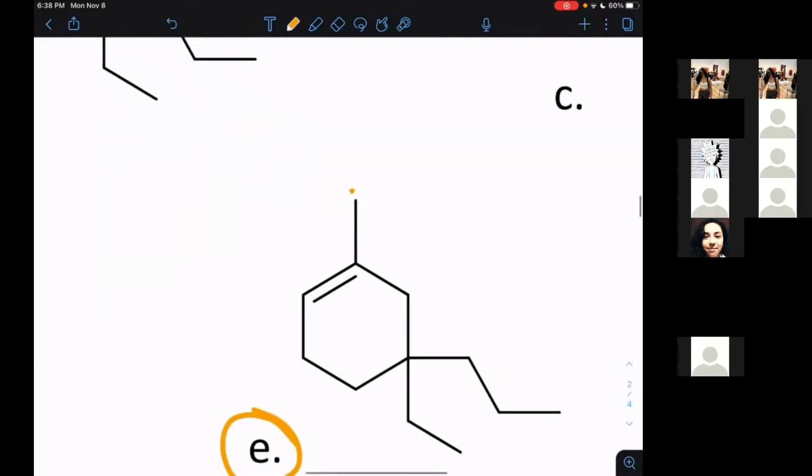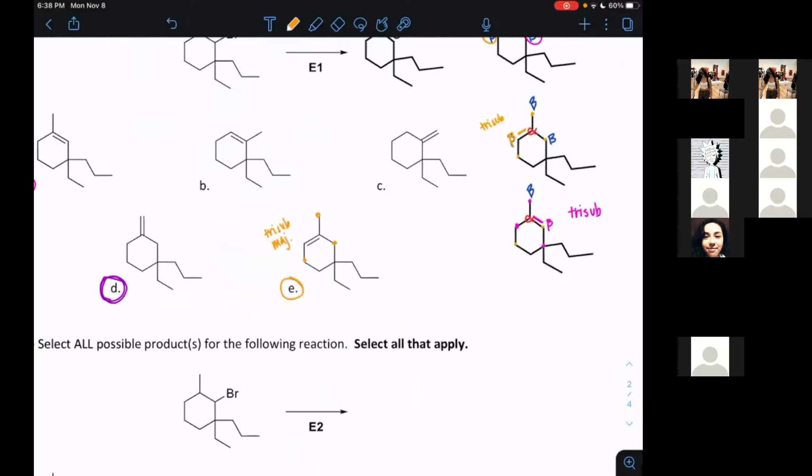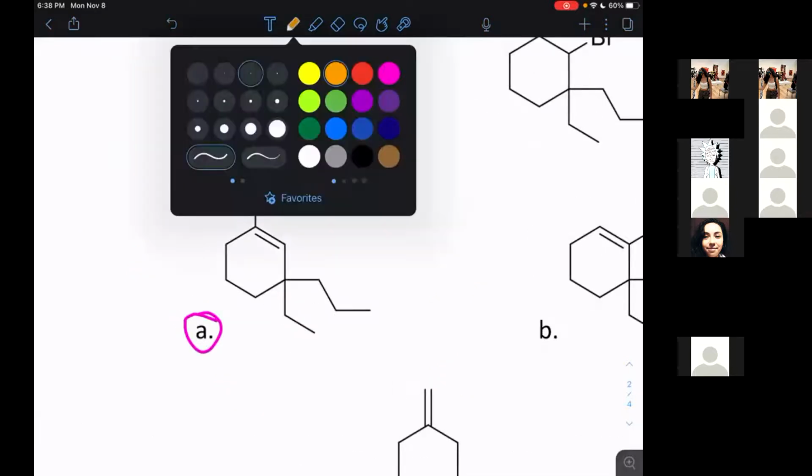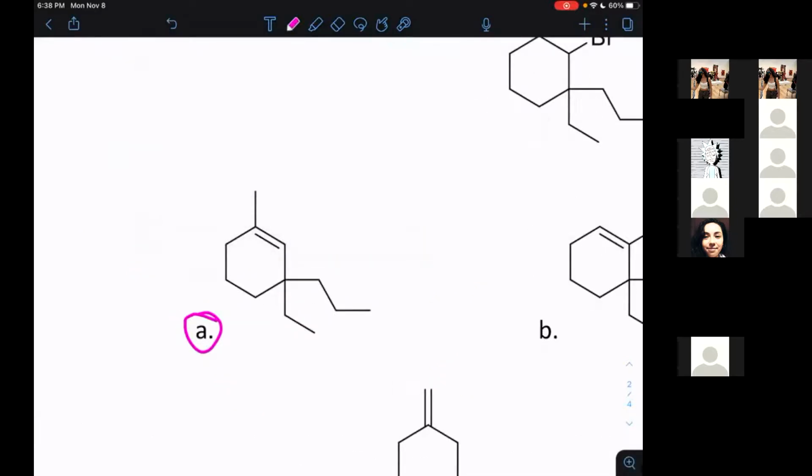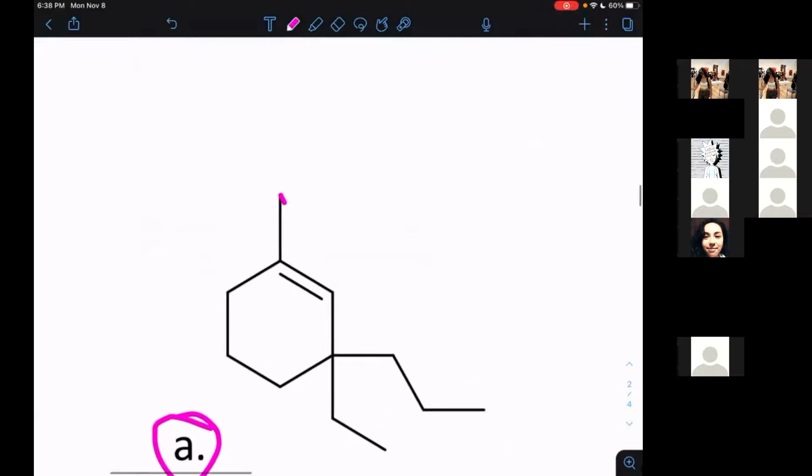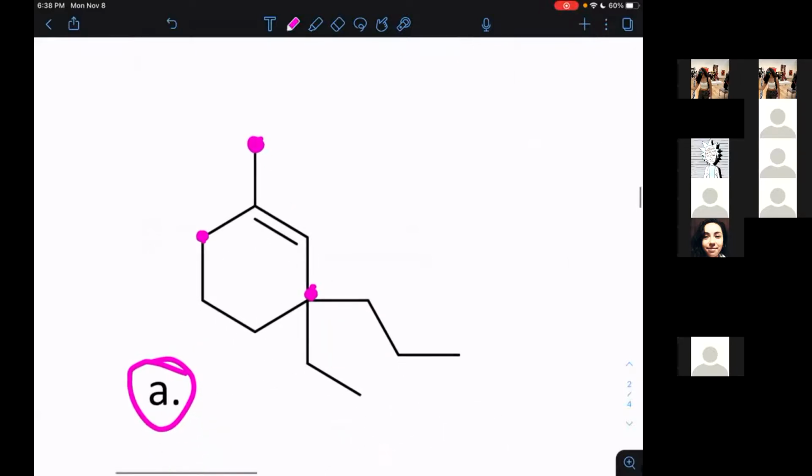Oh, I could have just looked at it on here too. Tri sub. Sorry, for A, I couldn't find the third one. I only have 2. Yeah, for the third one, it's not applied because there is no hydrogen attached to that beta carbon.